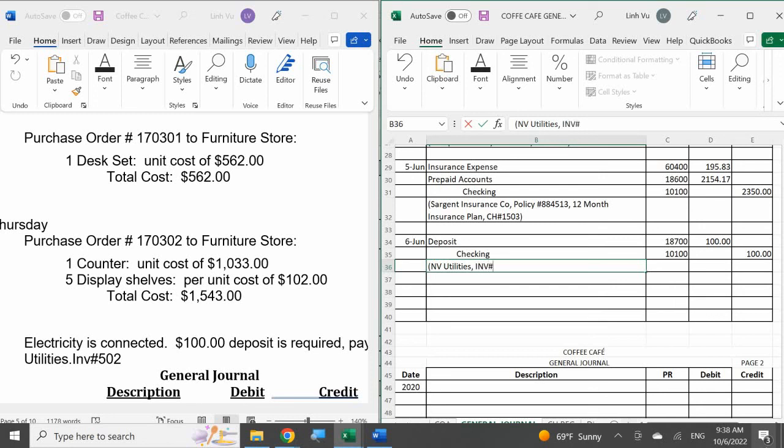Invoice 502. Okay, with the check number 1504.